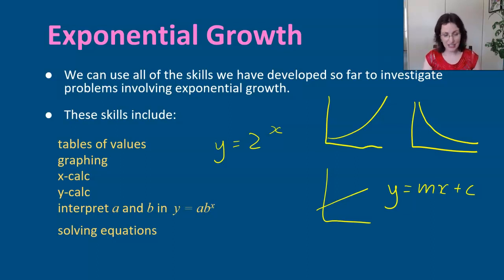We've been using techniques of graphing, using our graphics calculators and drawing sketches, using the calculators to work out x and y values, and interpreting what the different values mean. For example, when it's written in this form, what does that number at the front mean? Where on the graph is that? That's the y-intercept number. And so interpreting some of those things and then solving equations. So using our graphics calculators now to look at some applied problems.